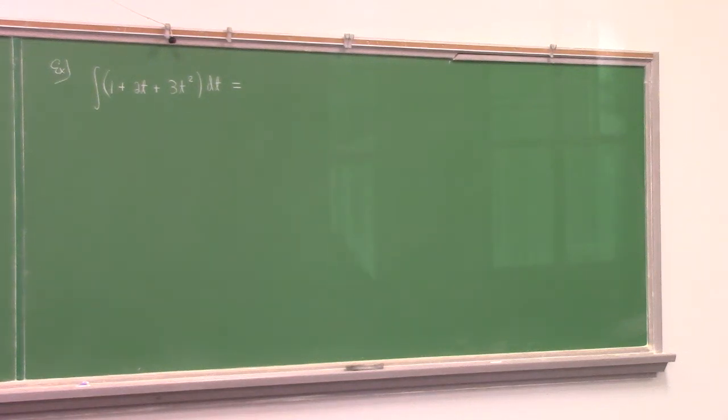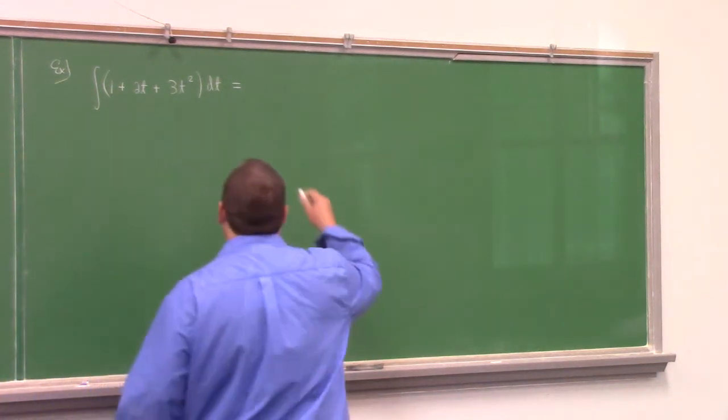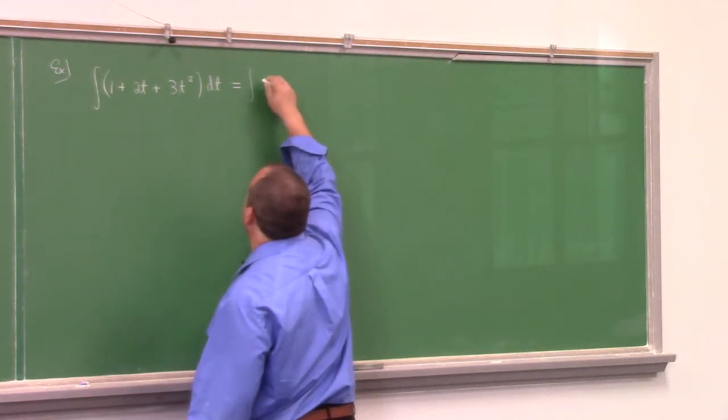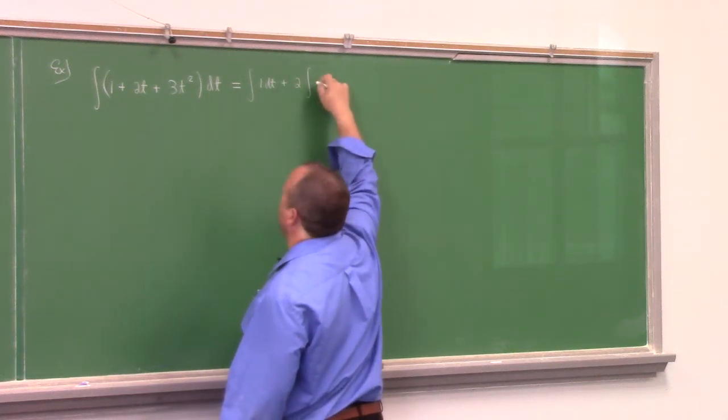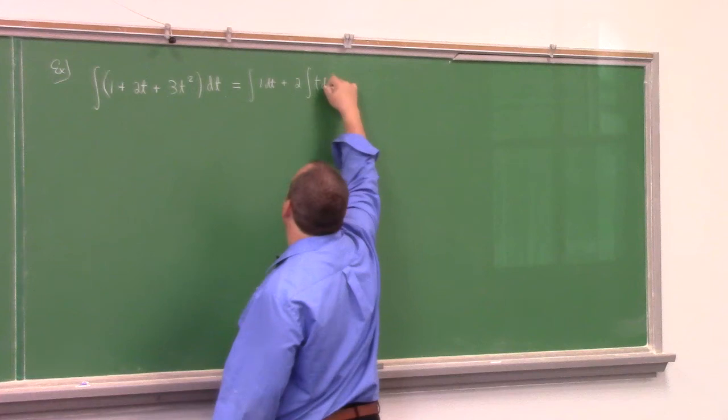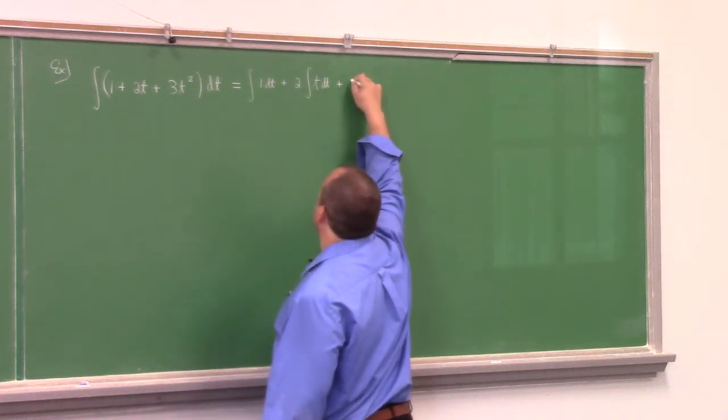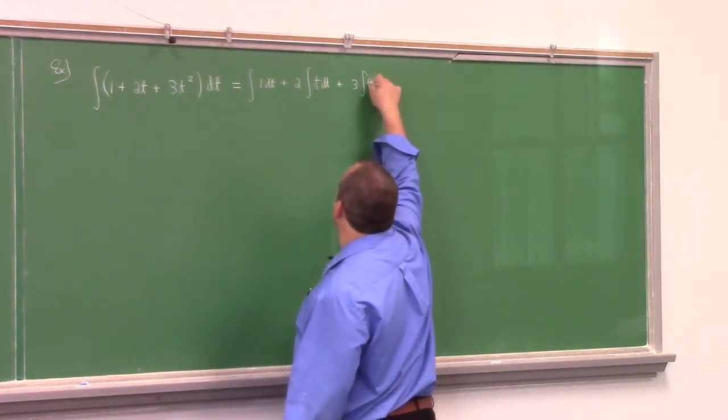First of all, I'll use properties. This is the integral of 1 times dt, plus 2 times the integral of t dt, plus 3 times the integral of t squared dt.